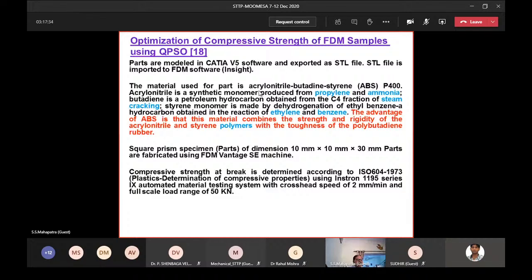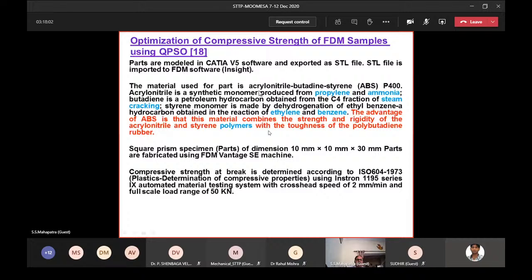So one layer of material is placed, then another layer, then another layer, and the material comes out from the nozzle in the semi-molten state. Two layers will be fused, or bonded together, so that a solid model can be built. The material used here was ABS plastic, acrylonitrile butadiene styrene.